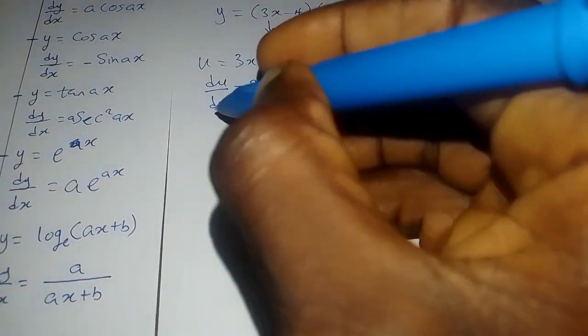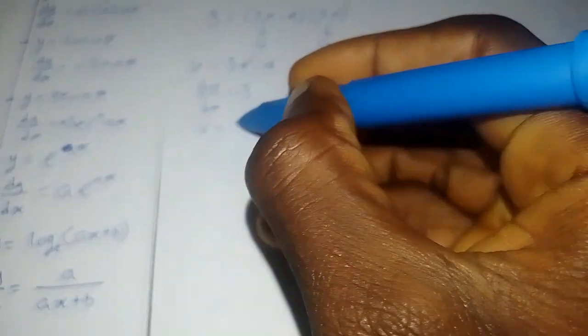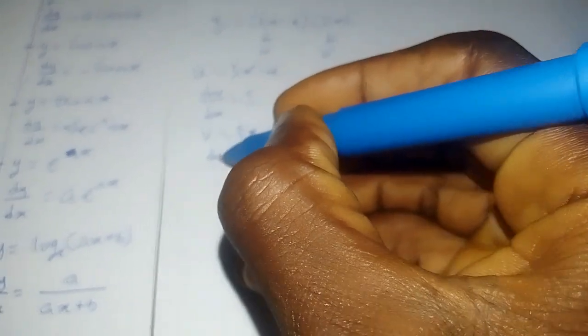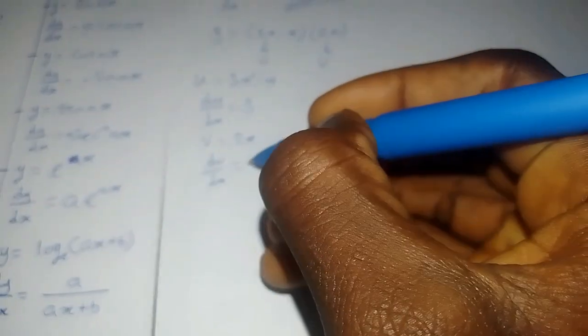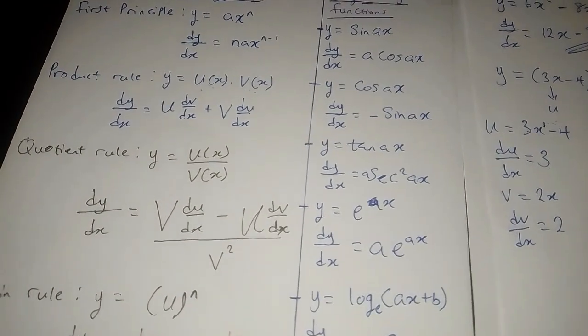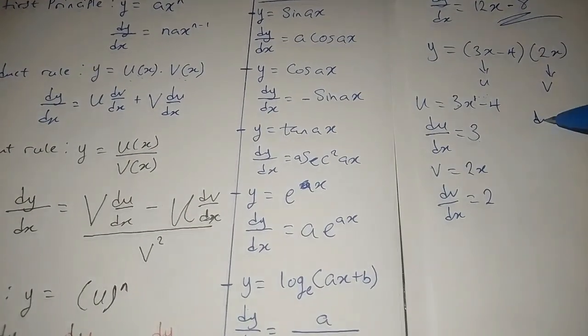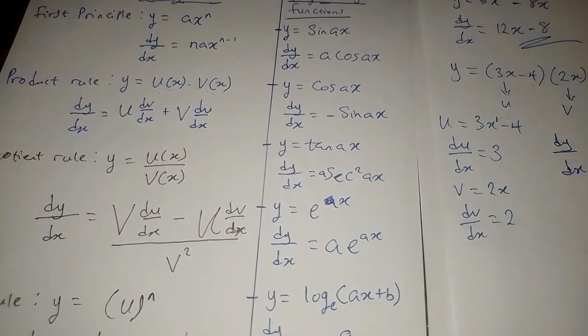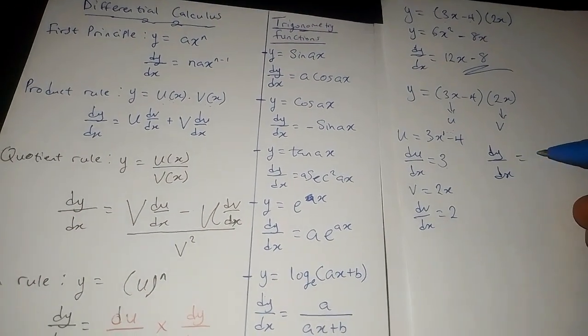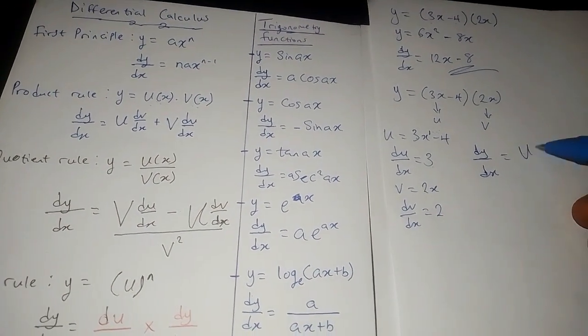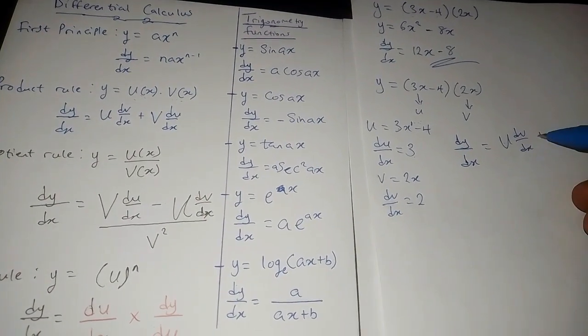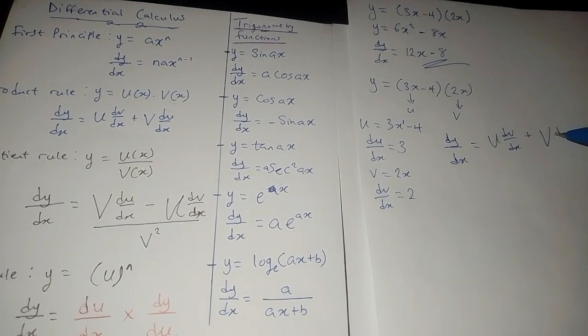Let's take v also. v equals 2x, which means dv dx is ordinary 2. Bringing in my product rule, dy dx equals u dv dx plus v du dx.